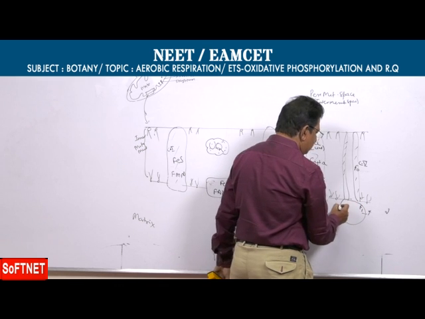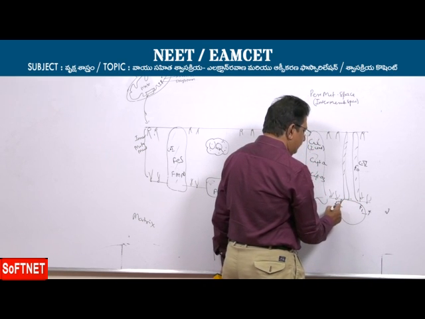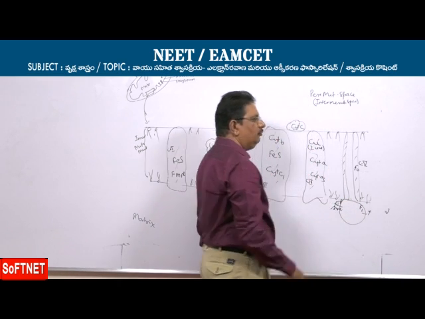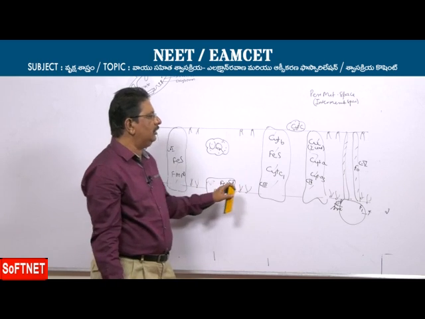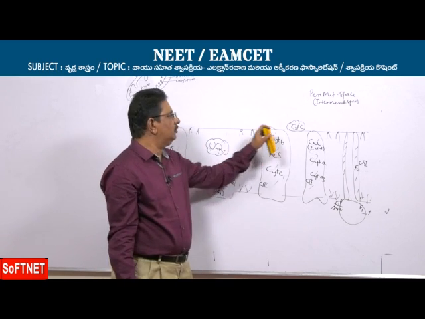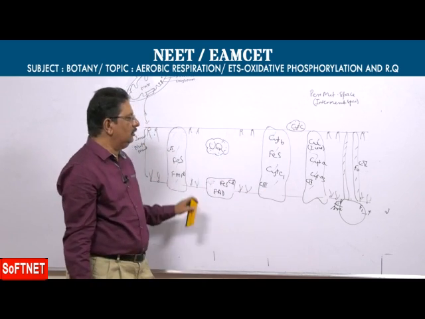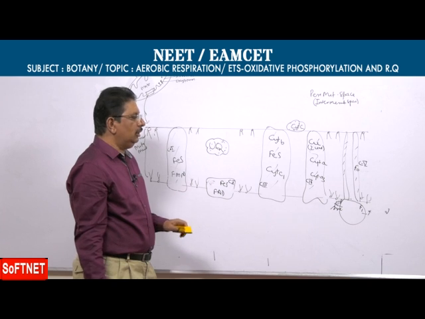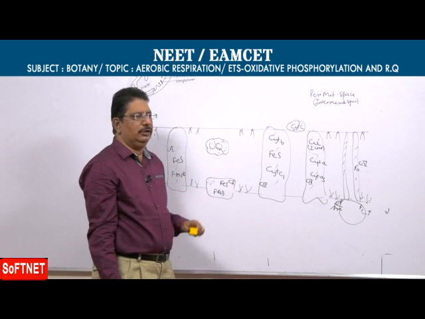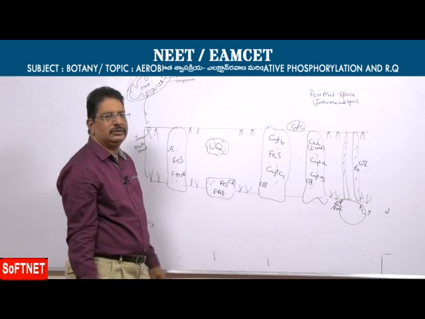The enzyme name is ATP synthase. So, 5 different complexes with 5 different enzymes along with 2 electron carriers are involved in the process of the last and final event. So, let us take these functions.